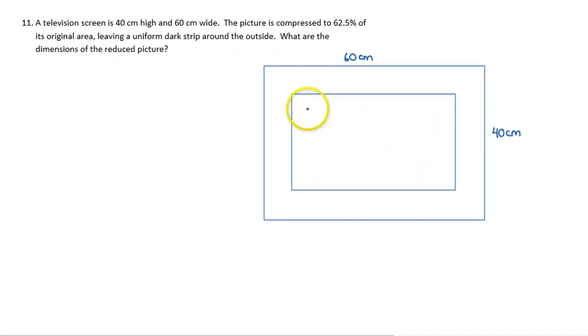And what we know is that the area of the picture is 62.5% of the entire screen. The setup here, the piece that's really important to help us get through this, is the idea that this strip around the screen is uniform.